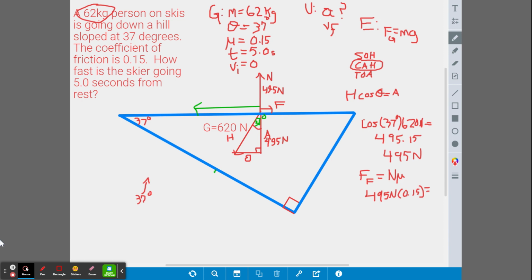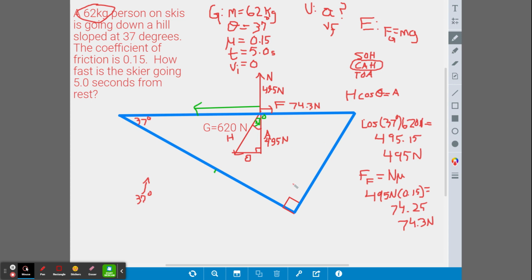I'll punch that into a calculator: 495 times 0.15, and I'll get 74.25. I'm going to round that to 74.3 newtons. So this is 74.3 newtons.